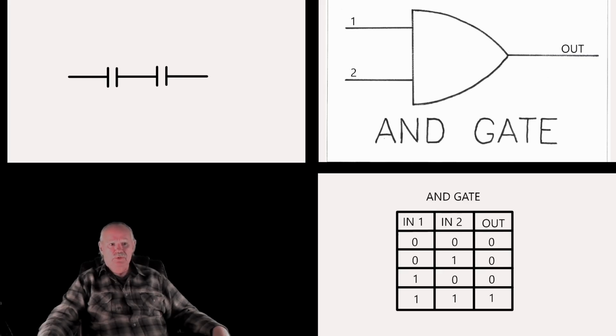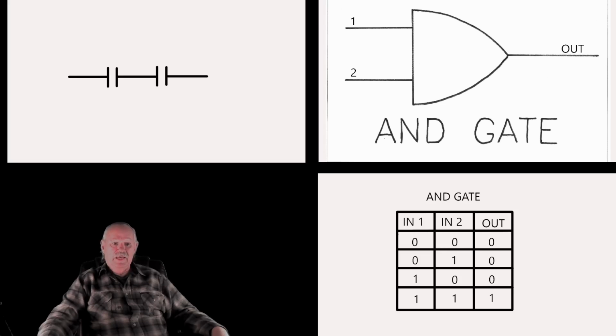Each of those inputs is the equivalent to one of those contacts. And if you look immediately to my right, you will see there is an AND gate truth table. It explains exactly how the inputs and outputs relate to one another.